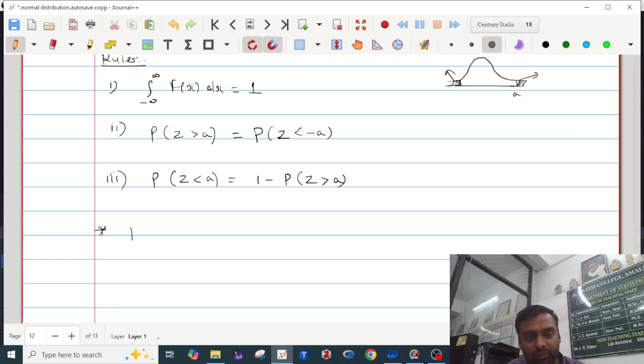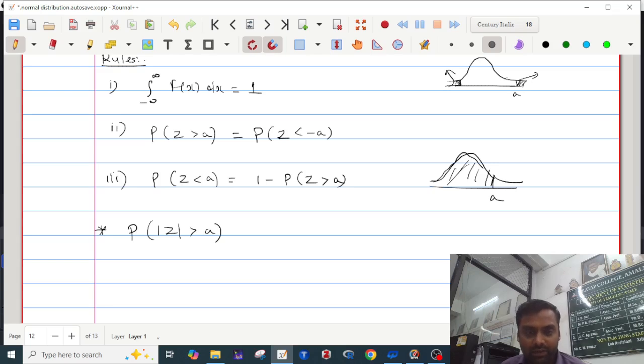Suppose you want to find the probability of mod Z less than a. If you draw the graph, this is a.